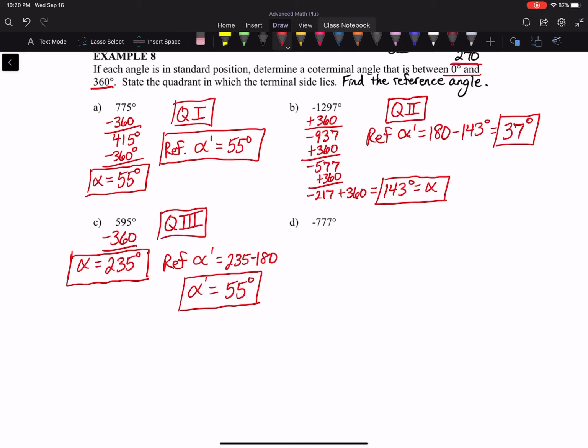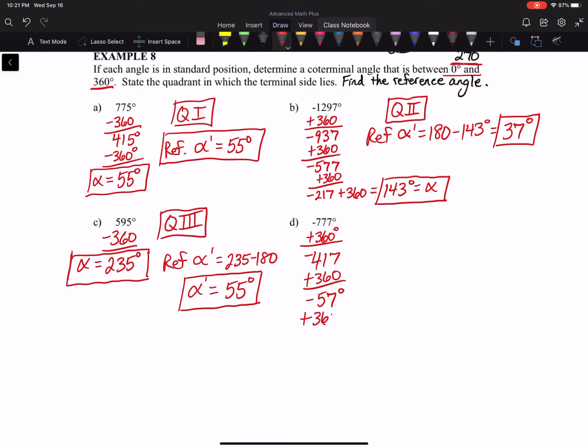And last but not least, negative 77. We are going to try to get it between 0 and 360, so we're going to add 360 degrees. That's negative 417. If we add 360 again, because again, we're not in between 0 and 360 yet, that will be negative 57 degrees.